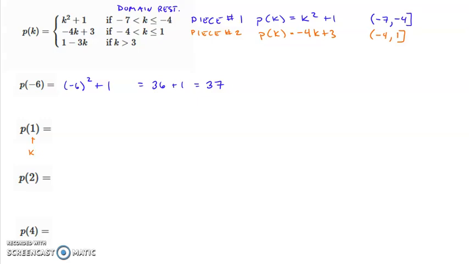So we can plug it into that function that's associated with piece 2. So -4k plus 3. And we're going to substitute it every time you see the k. So we've got -4 times 1 plus 3, which will give us -4 plus 3, or -1.